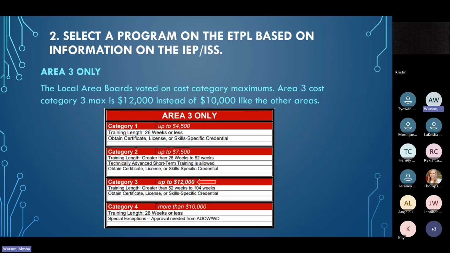The only difference is for their category 3, the cost can go up to $12,000. That amount may change once the program year ends and the board votes again. Right now, it is different from the other 5 areas, but this here is just for category 3, 52 weeks to 104 weeks training programs.